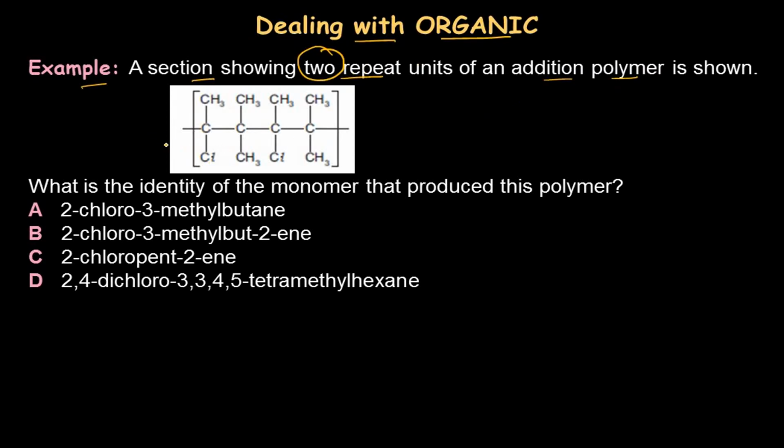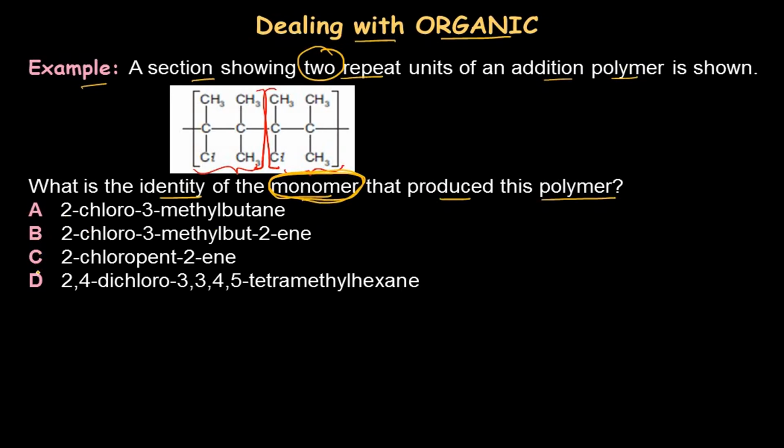Out of these, let's first make out 1 repeat unit. This is 1 repeat unit and this is the second repeat unit, as we can make out that it is repeated the same. The further question is: what is the identity of the monomer that produces this polymer? So identity of the monomer is our keyword.